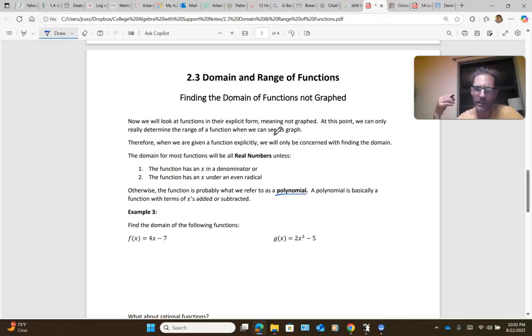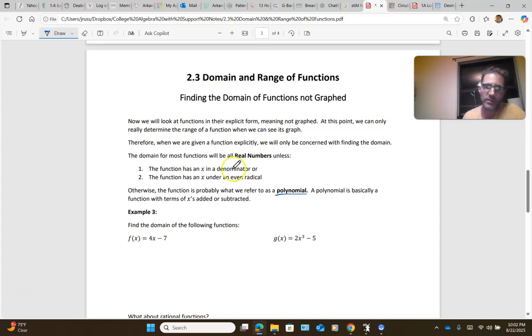We have to be thinking about what numbers can I plug in such that I'll always get another number out of it. Or alternatively, it's actually easier to think of it from the perspective of what numbers I can not plug into the function, or in other words, what numbers would make the function undefined.